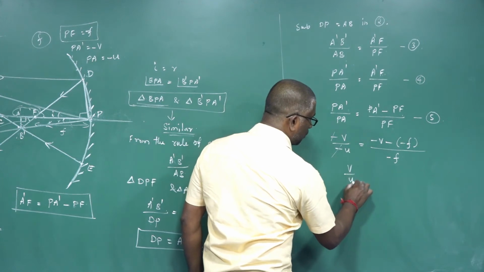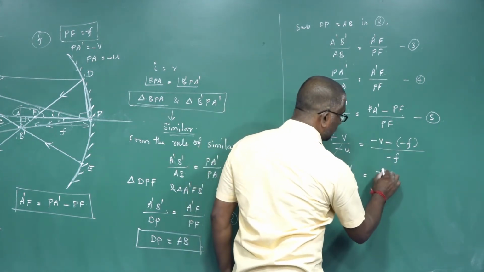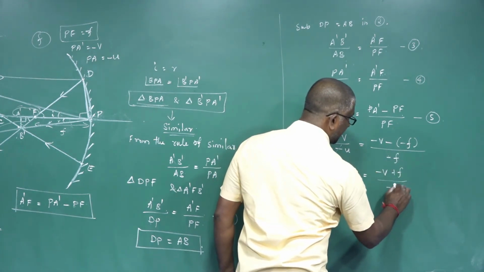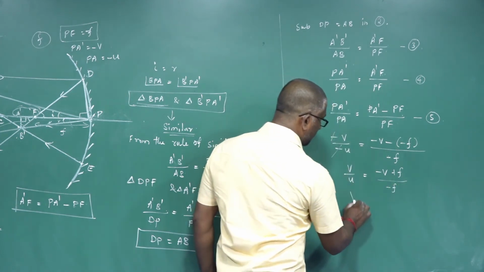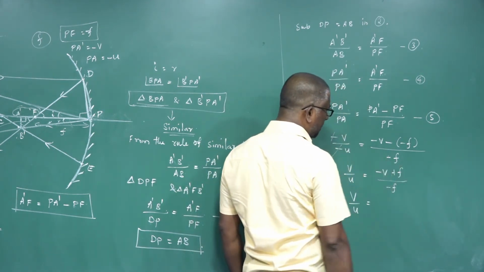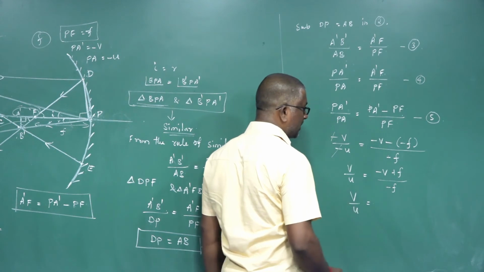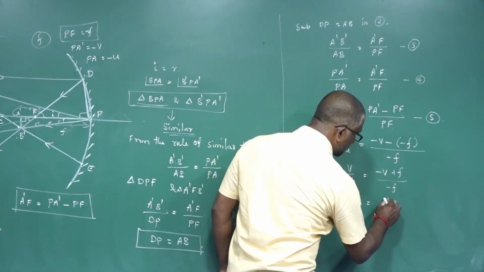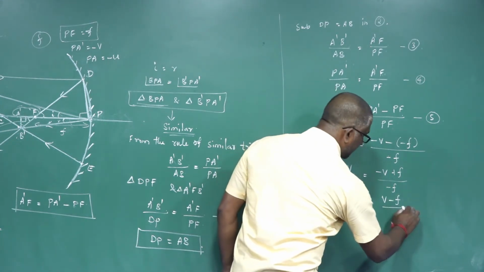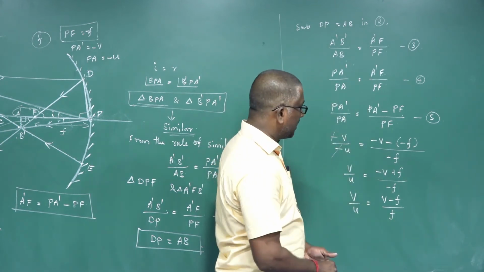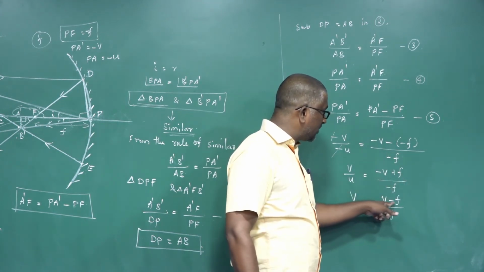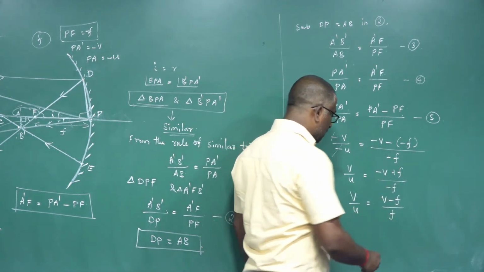So v divided by u is equal to minus v plus f divided by minus f. Multiplying the negative sign in both the numerator and the denominator, the numerator becomes v minus f and the denominator becomes f.